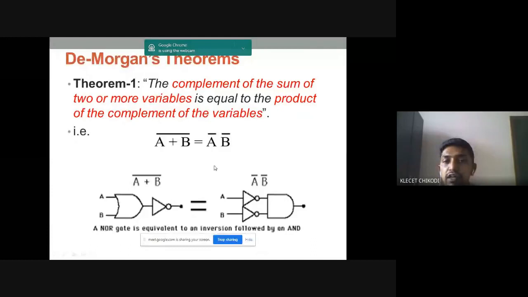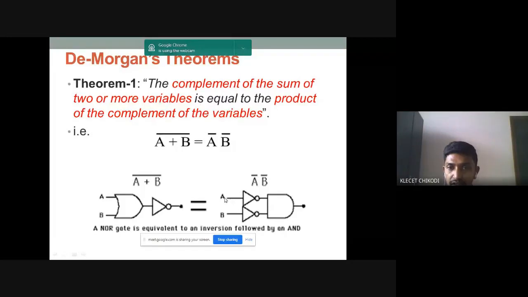Now what they have done, they have taken the A and B variables and they have taken the complement of that. Complement of that means we are taking a NOT gate here. So what the NOT gate is doing, it is inverting the input variable. If it is A, then we will get A bar. If it is A bar, then we will get A. So whatever the input you are giving, we are getting the complement of that at the output of the NOT gate.